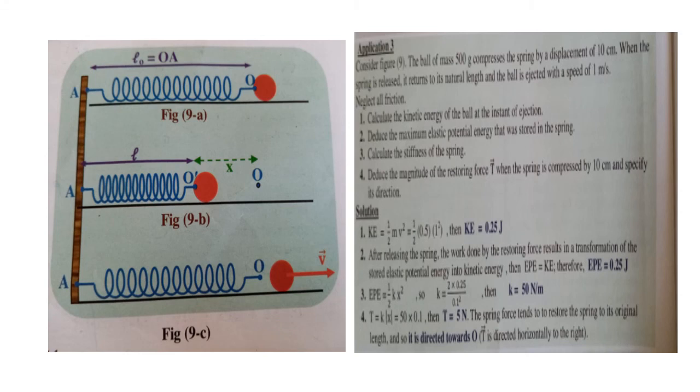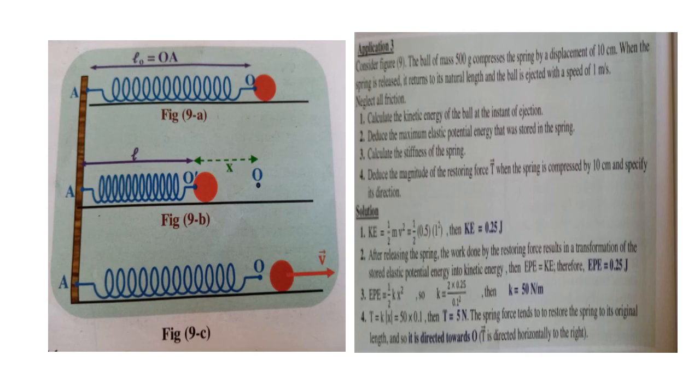Now, after calculating EPE, we can simply calculate the stiffness of the spring in part 3 with the formula 1 over 2 k x square. In part 4, we are asked to deduce the magnitude of the restoring force when the spring is compressed by 10 centimeters and specify its direction.